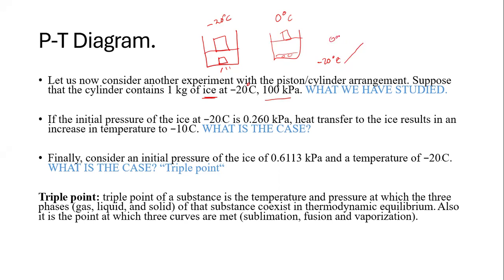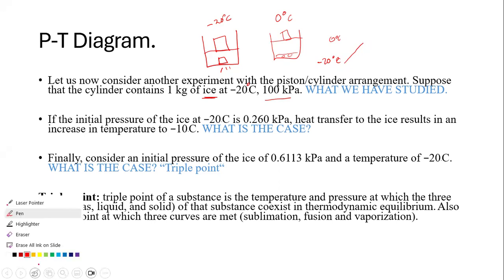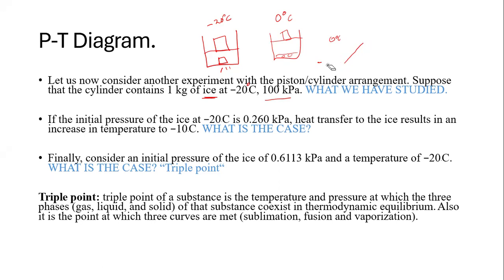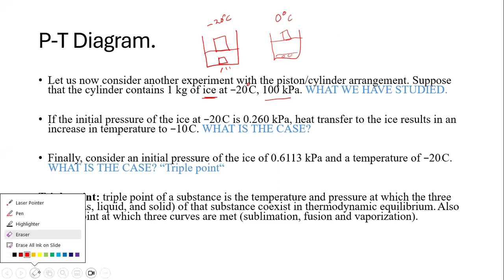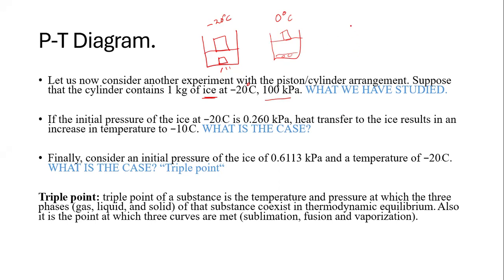Say here on this side we have the temperature. Let me try to draw it like this so that it makes sense to you. This is what we have already spoken about, it's just that we never spoke about it starting from the solid. So if I have my Cartesian plane just like this, and on this side I have temperature, let's assume here we have negative 20 degrees Celsius.